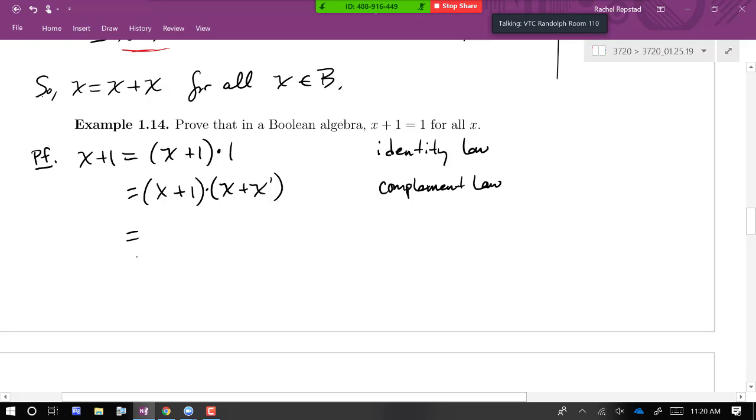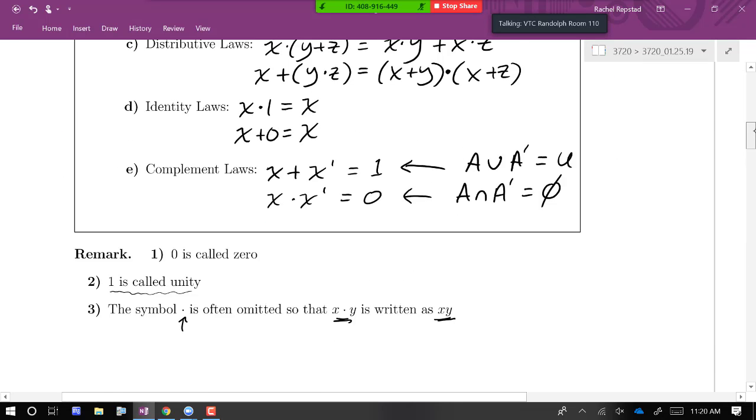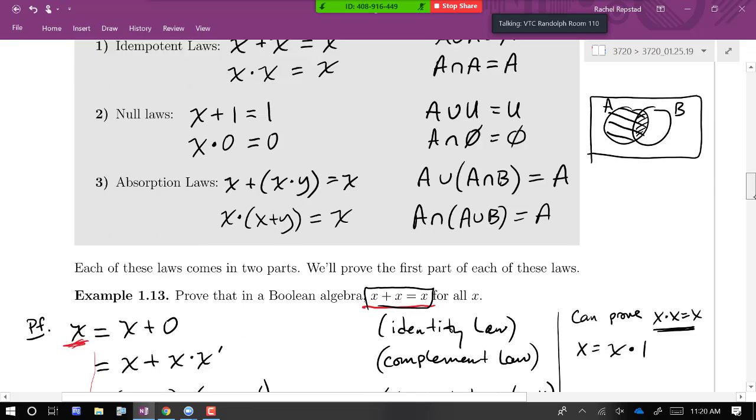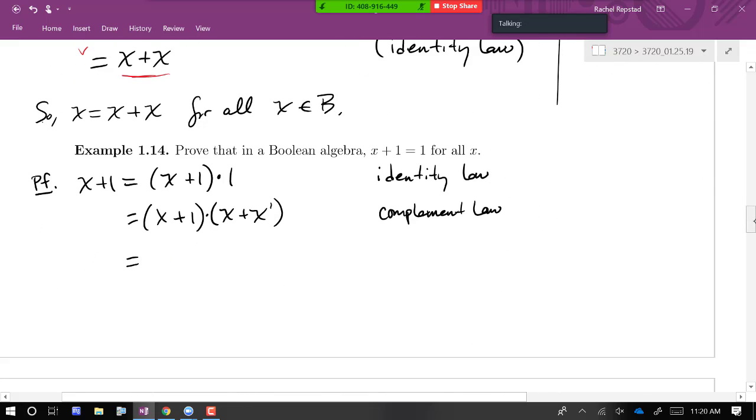At this point, what we could do is use the distributive law in reverse. I'm going to scroll back to the previous page for a moment. We think about multiplication distributing over addition, or addition distributing over multiplication, but all of these equations work in both directions. Where we've left off, I have a product, x plus 1 and x plus x complement.